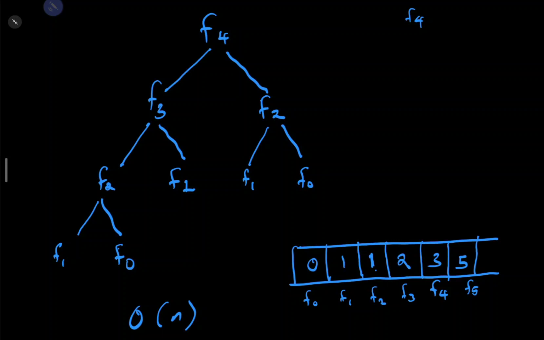But storing the prior information in a table makes it cheap to compute the Fibonacci number for any position, because we have calculated the numbers before it. So we just have to pick the last two, add them, and we have the next one.